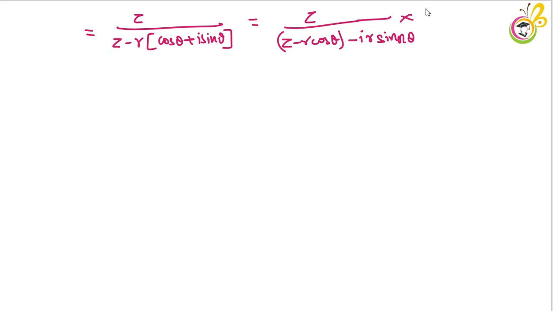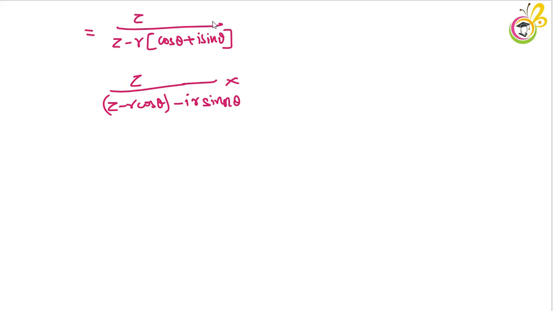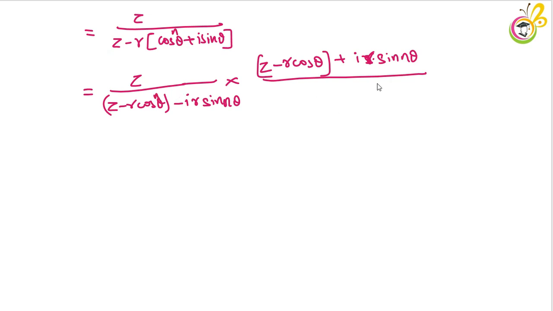So multiplied by the conjugate of the denominator, it is z minus r cos theta plus i into r sin theta, divided by z minus r cos theta plus i r sin theta.